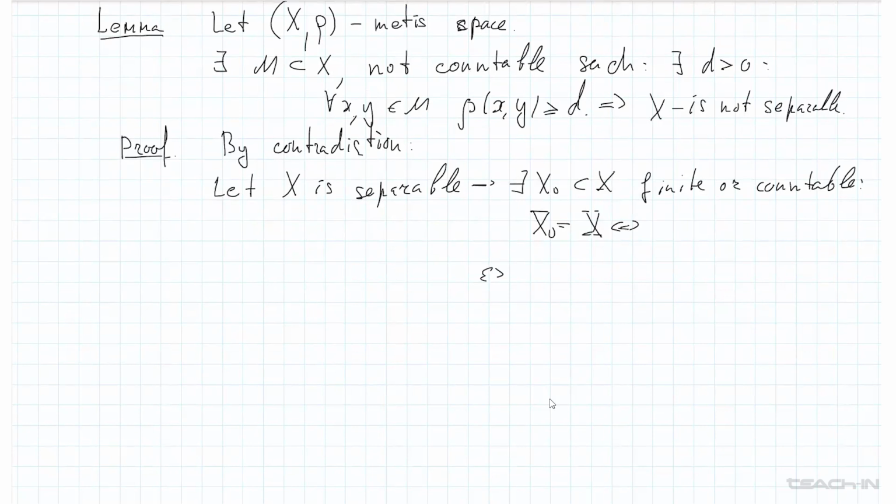For any positive epsilon, let's consider balls with center x, where x belongs to X0, and radius epsilon. What can we say about the union of all these balls for any epsilon?